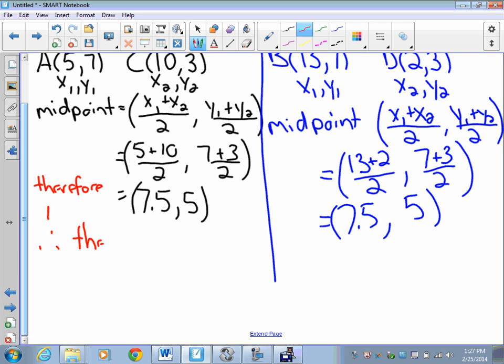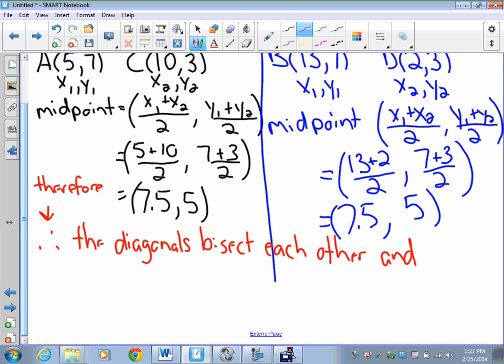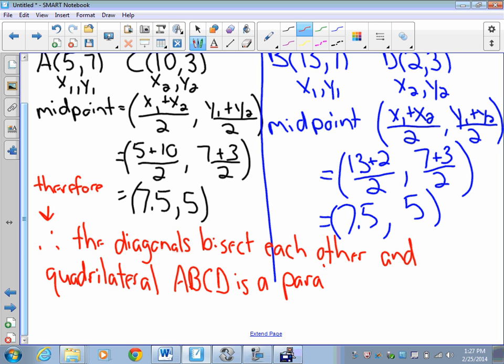Therefore, the diagonals bisect each other and quadrilateral ABCD is a parallelogram.